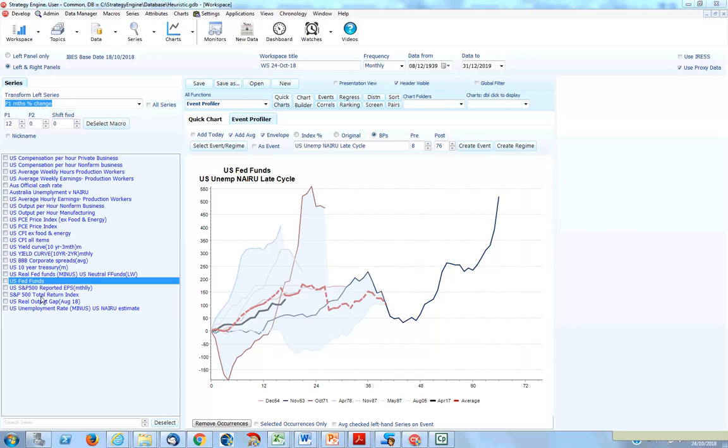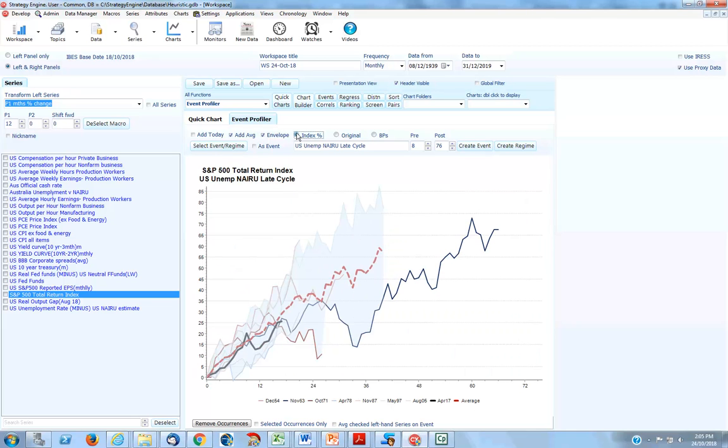But probably more interesting is to look at the equity market and what's happened in previous late cycles. Again, I should stress we're defining a late cycle as periods where unemployment goes through NAIRU and is continuing to decline. So in previous late cycles, you can see that roughly 15 to 17 months in, as we are now, markets are up 25% over that period.